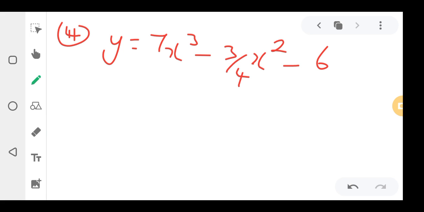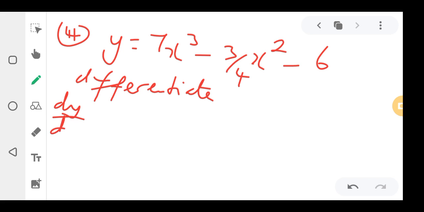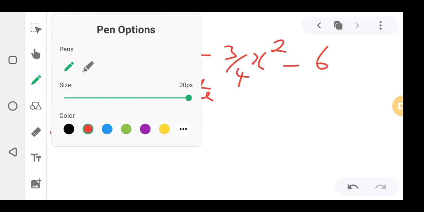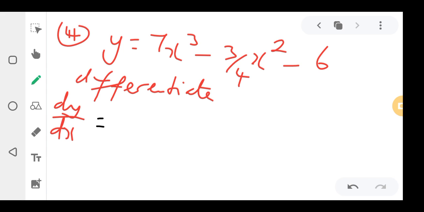So we are differentiating this also. dy over dx is equal to, you multiply the number in front times the power. 7 times 3 is 21. So 21x, and then to the power 3, I subtract 1.